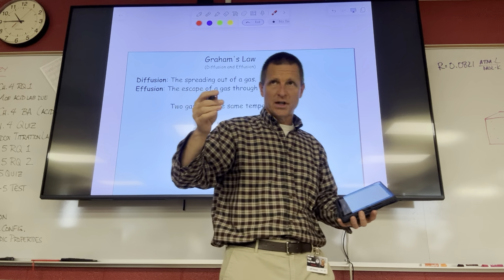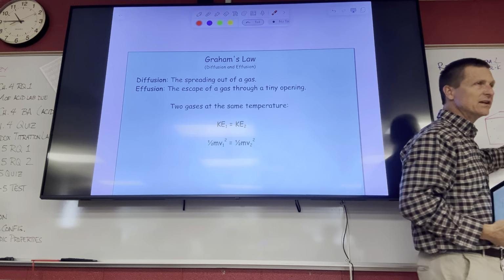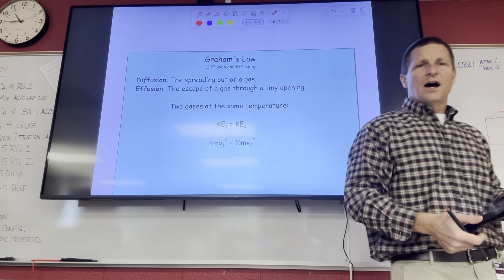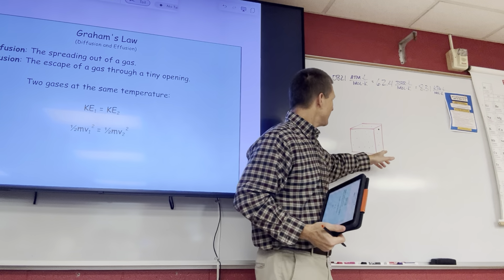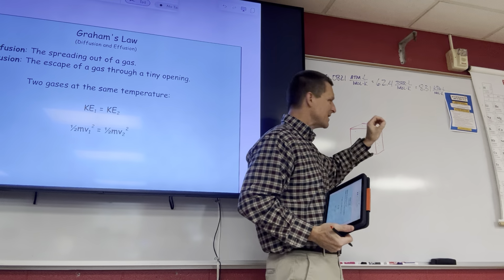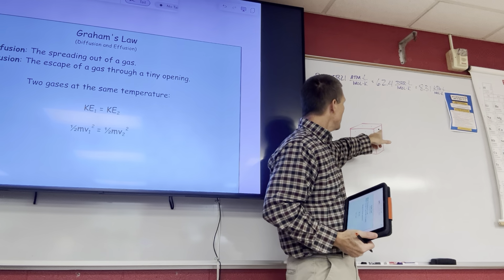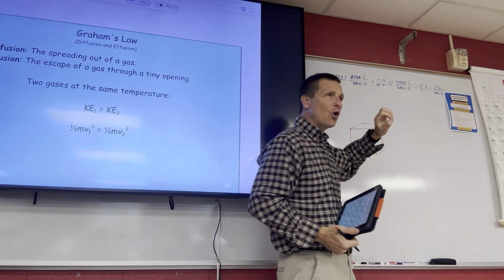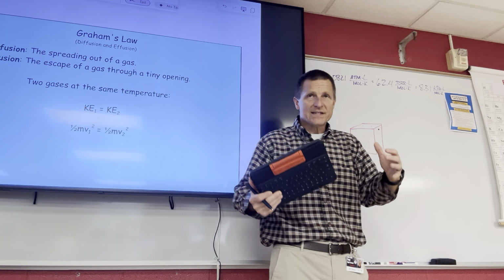Then the effusion of ammonia, or any gas, would be when you have a gas inside of a sealed container, like this. And now I want you to notice there's particles of gas. The individual dots are particles of gas. I know I've got the front lights off, but that is a tiny hole. It's an imperfection in the container, so the container is not perfectly sealed.